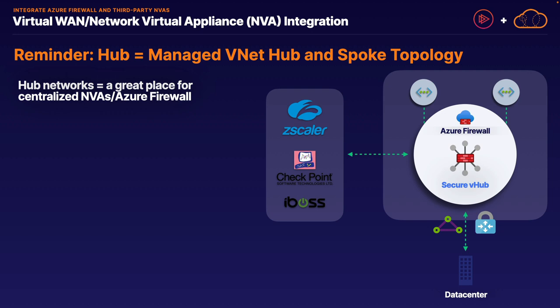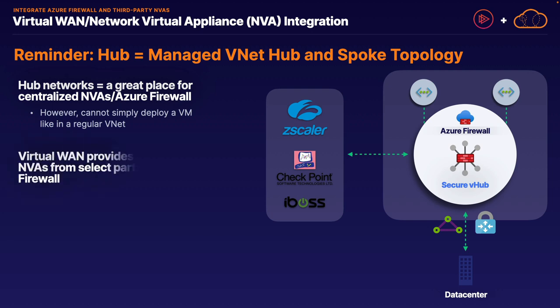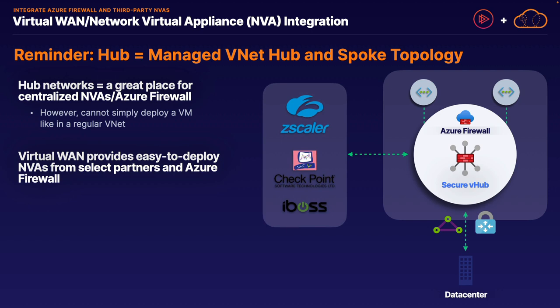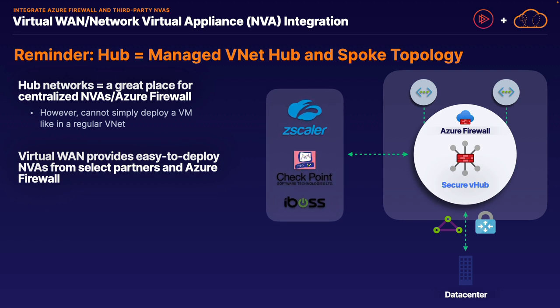This is really no exception except for the fact that it's a lot more managed. However, since this is a managed network, we cannot simply deploy a virtual machine into our virtual hub like we could with a regular non-managed virtual net. Rather, the Virtual WAN interface provides some easy deploy solutions to deploy directly into our virtual hub that is a bit of a different process from our typical virtual machine deployment process.